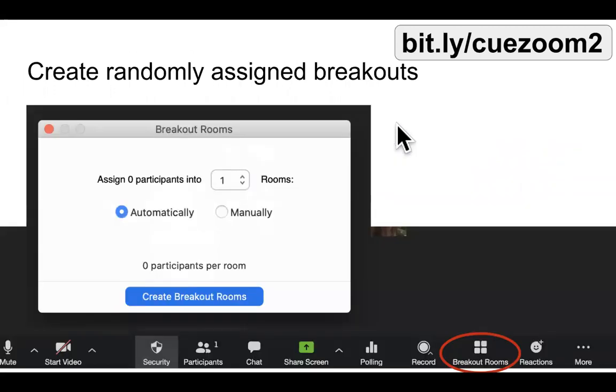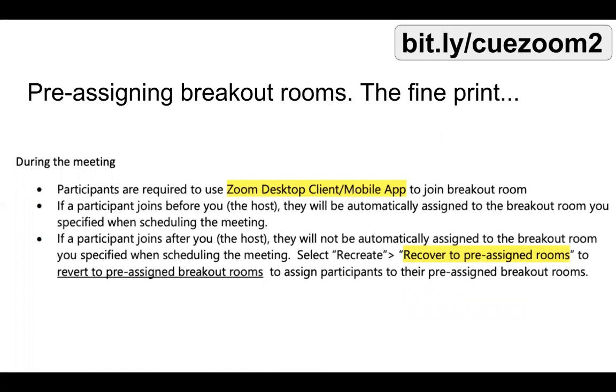This is what it looks like, where you would click that circle on the bottom to start the breakout rooms randomly assigned. And then on the next one, you can pre-assign breakout rooms when you make the session, but it's really tricky. As you can see here, they have to use the desktop client or mobile app.